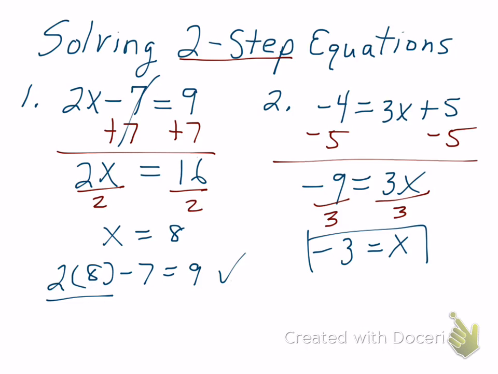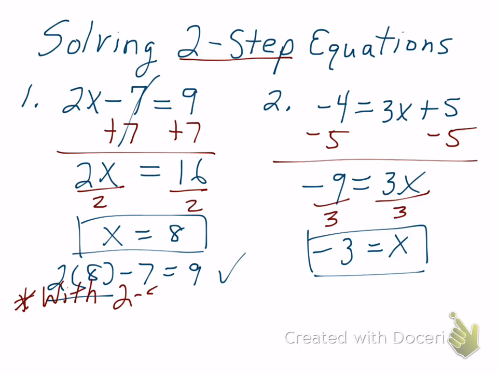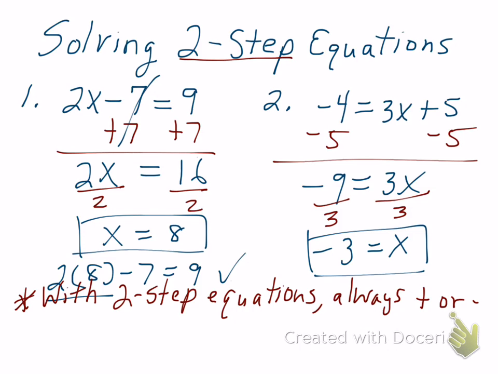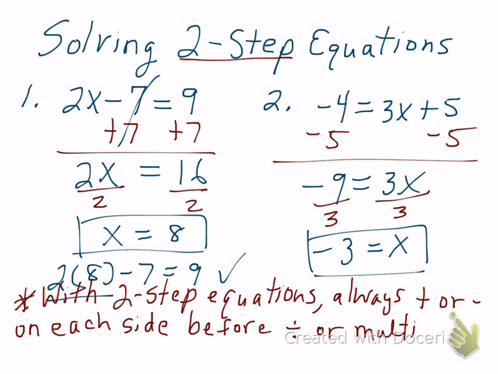And so here our solution is negative 3. On number 1 it was 8. And again, the guiding principle that you need to use here is with two-step equations, we always want to add or subtract on each side first, and then multiply or divide.